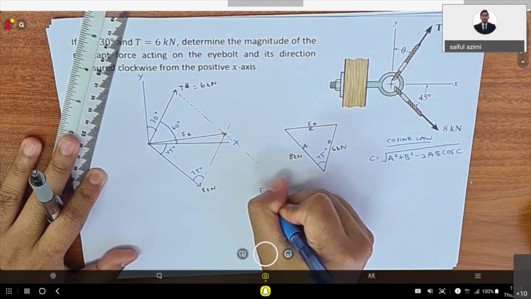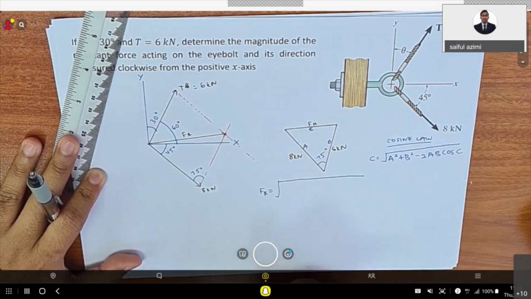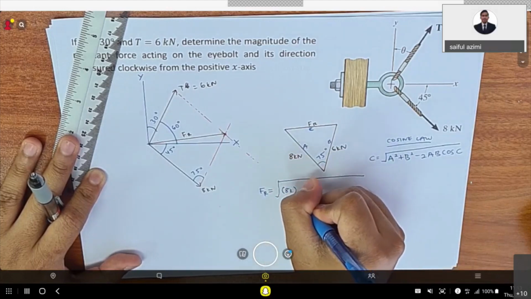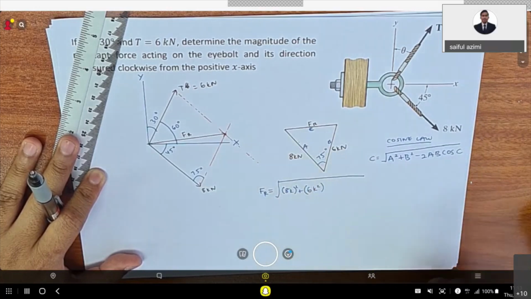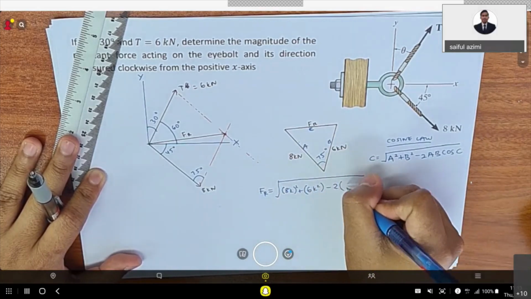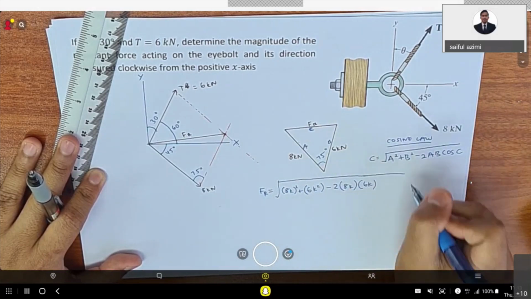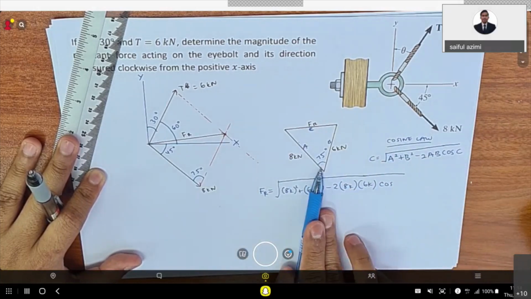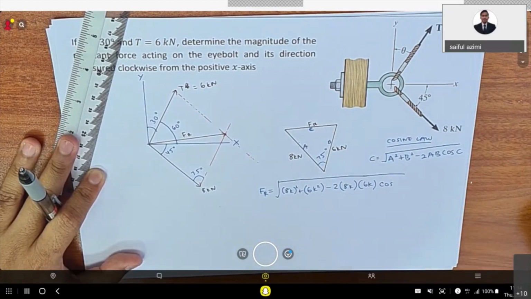FR, the resultant force, equals the square root of A squared, which is 8 kilonewton squared, plus 6 kilonewton squared, minus 2 times 8 kilonewton times 6 kilonewton times cos of theta C. If you want to identify where theta is, it is the angle opposite of the segment.